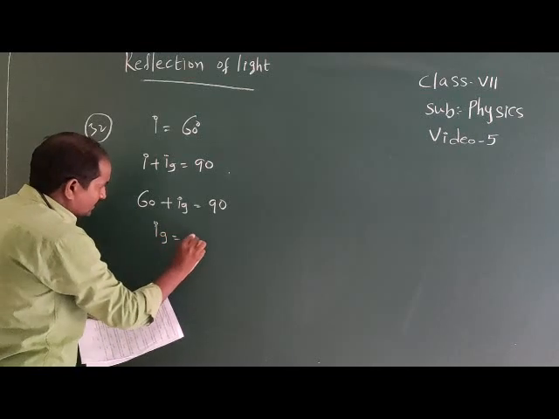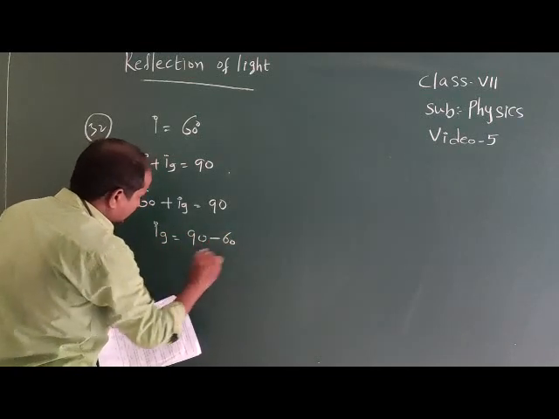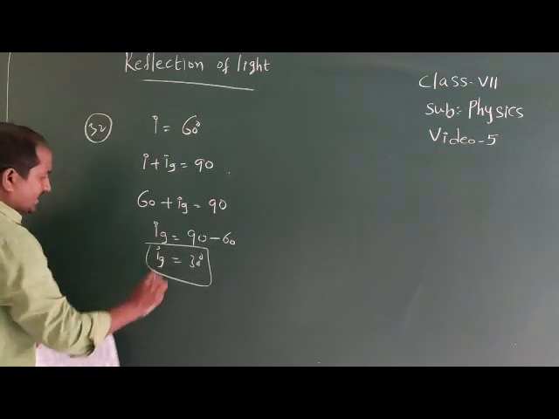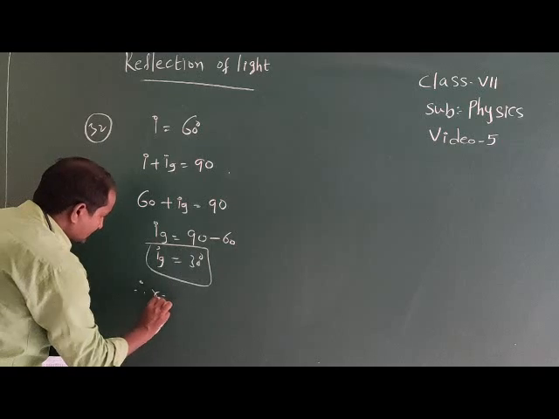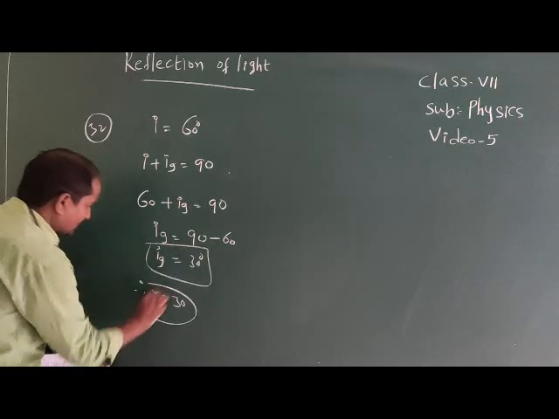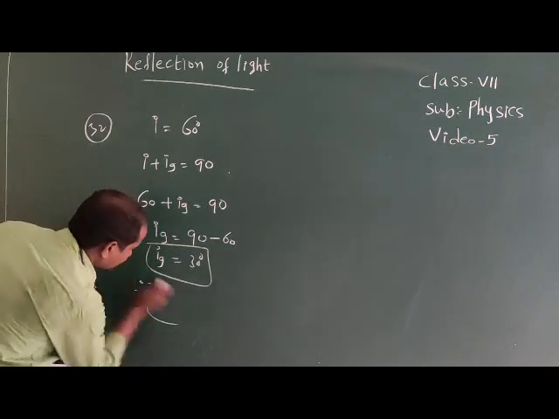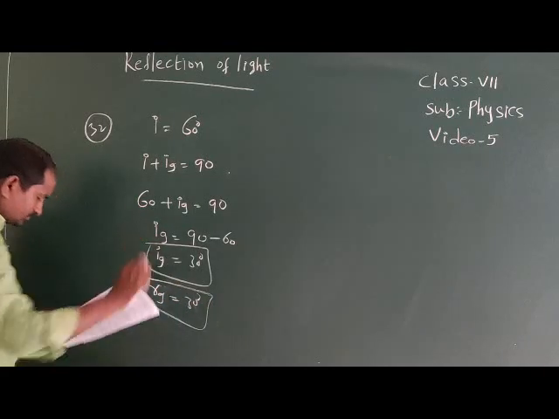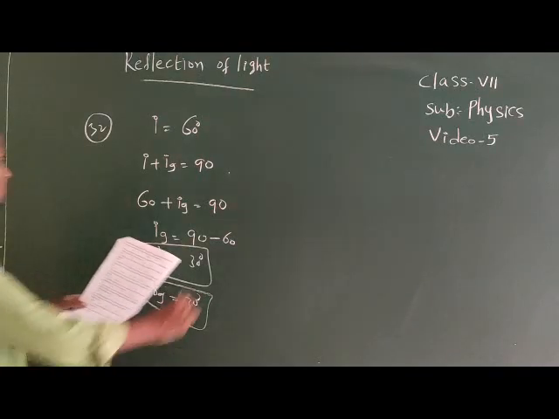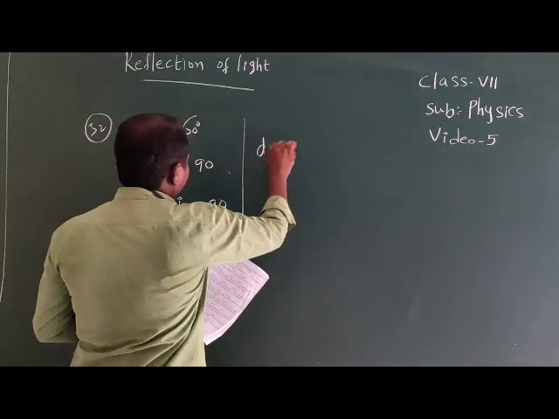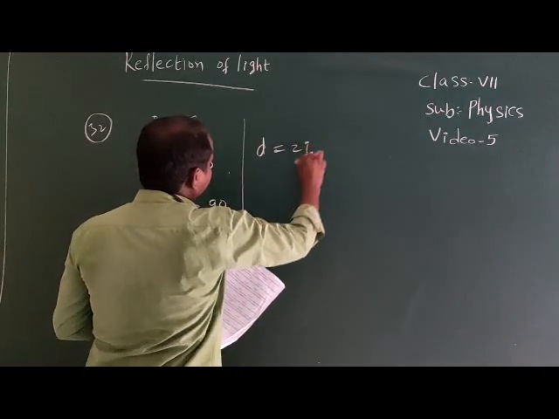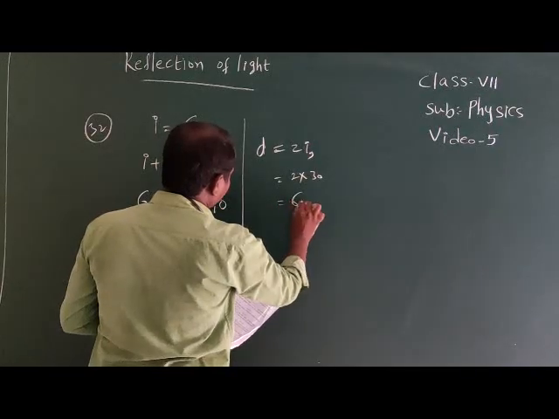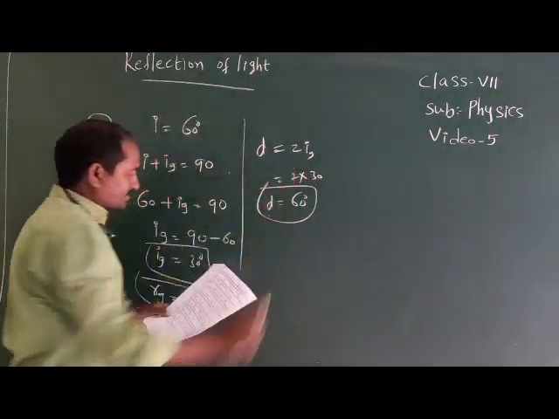Therefore IC equals 90 minus 60, that equals 30 degrees. Therefore RC is also 30 degrees. You can measure from this: D equals 2 IC, 2 into 30 equals 60 degrees. Angle of deviation equals 60.